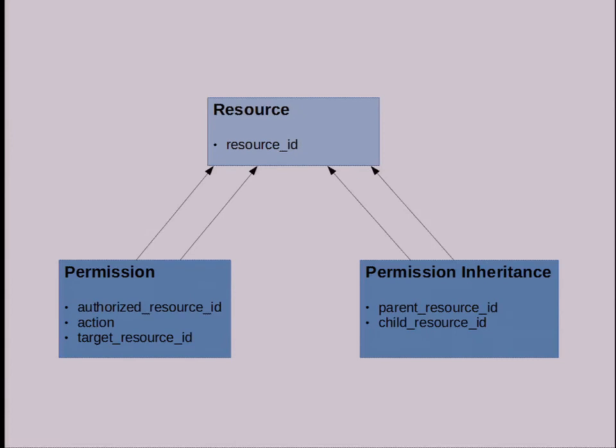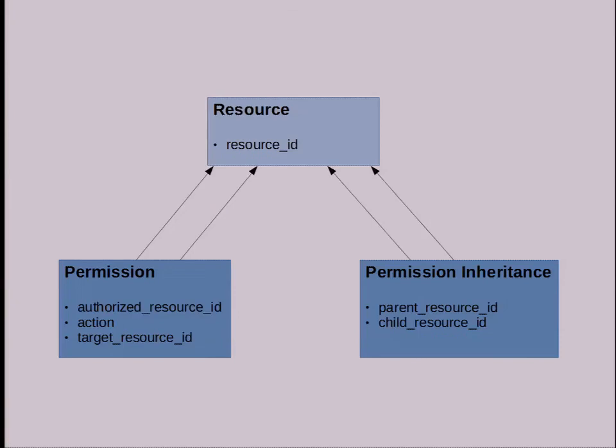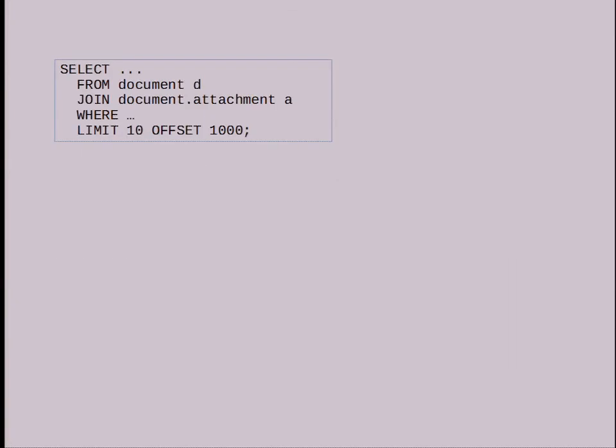And we have permission inheritance where someone can inherit from someone, for example, a user group. If a user belongs to a user group, then he gets all of the permissions that the user group has, or if a user belongs to a role, then he gets all of the role's permissions. So you manage these tables as well when you do your business logic.